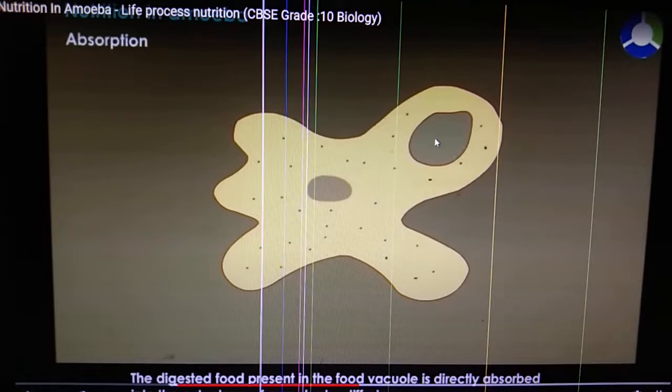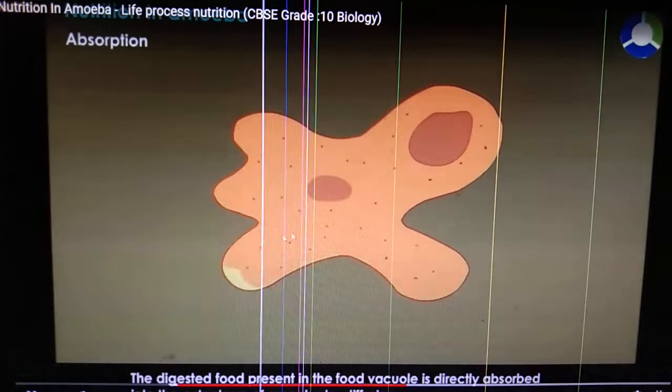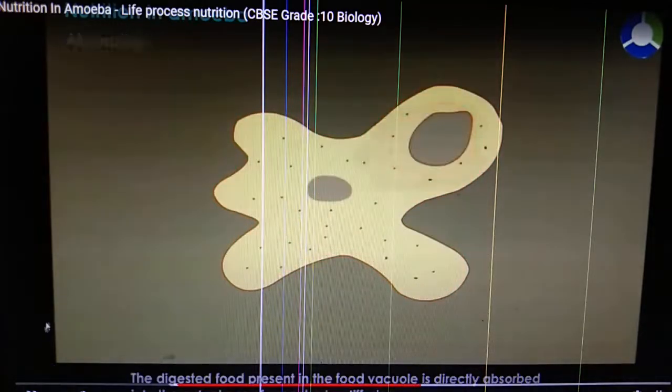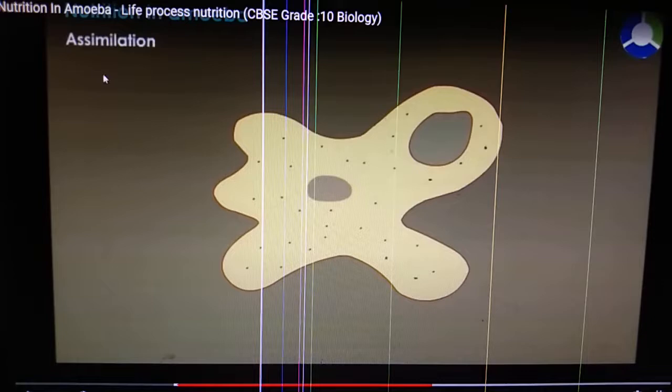Whatever food is broken down inside the food vacuole is directly absorbed in the cytoplasm. This is the cytoplasm. This is the absorption. Now the next process is assimilation.